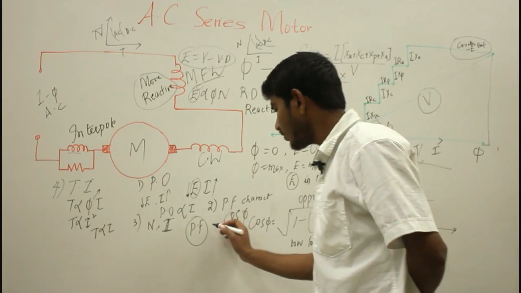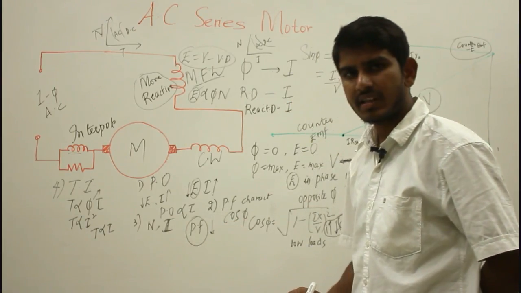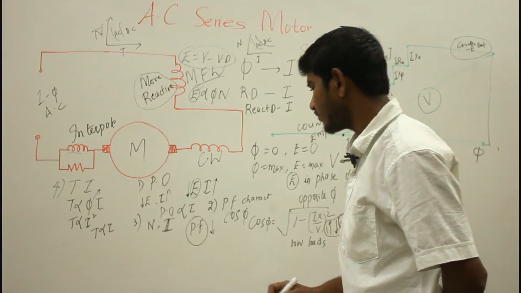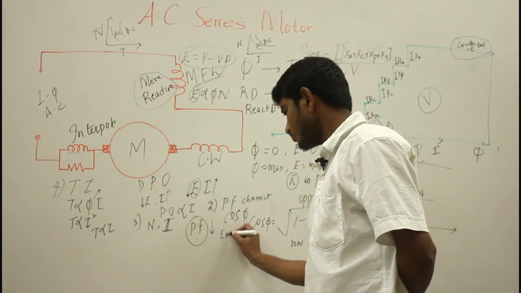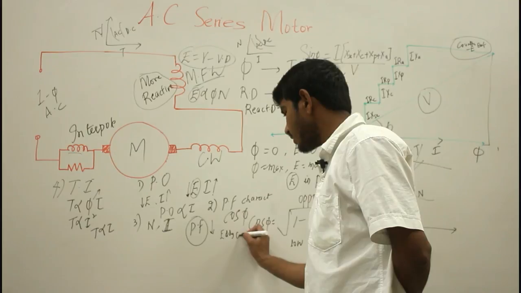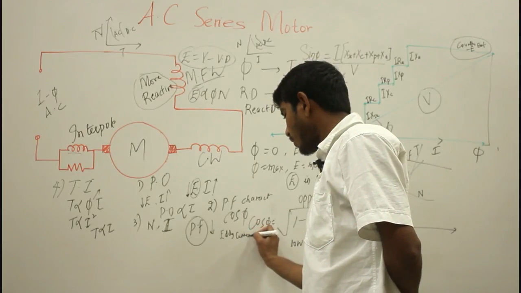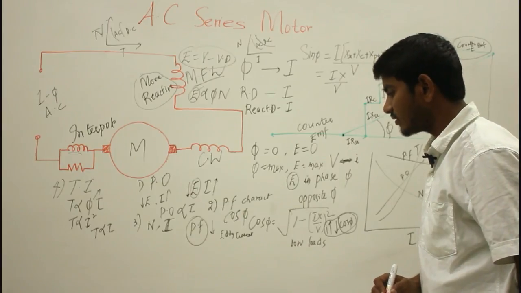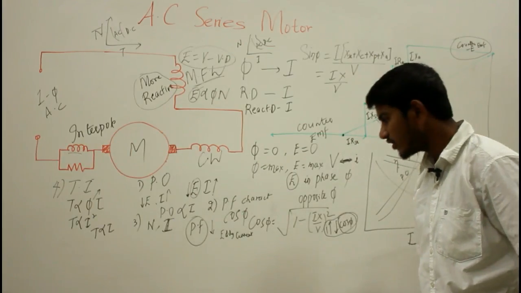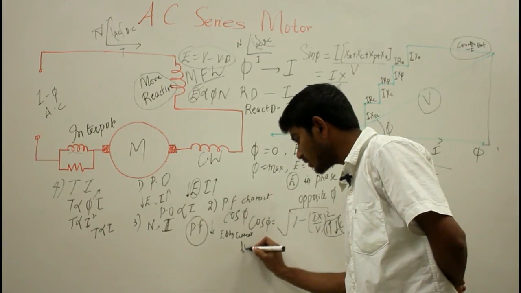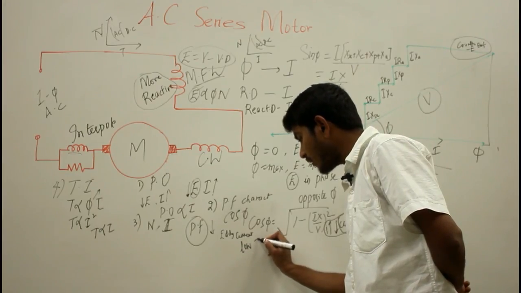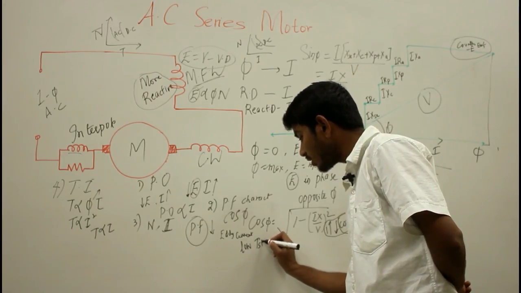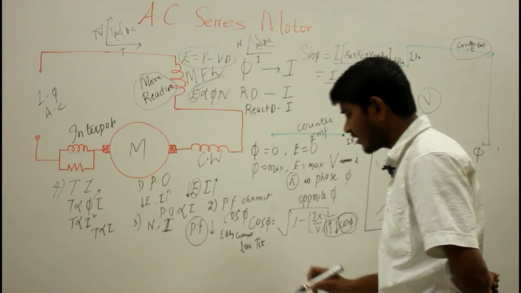So you will be having low power factor and the efficiency is also less because of the eddy current losses and the poor power factor. So due to the poor power factor, you will be also having low starting torque of the motor.